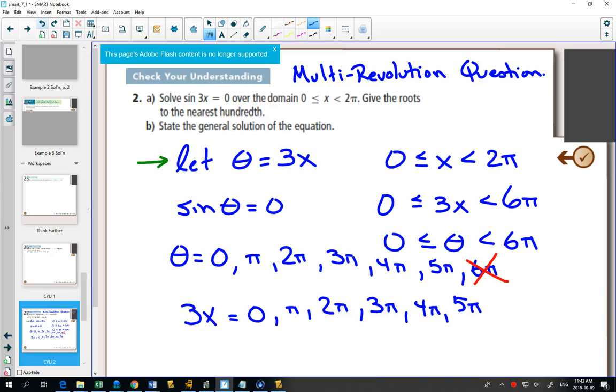How would I solve for x? You have to divide them all by 3. Because if 3x was equal to pi, how would I solve for x? Divide by 3. Wait, you'd get a different answer if you did substitute? No, you'll get the same answer.